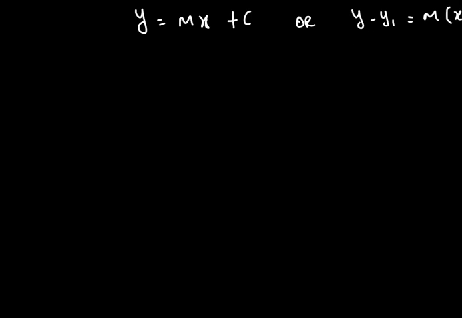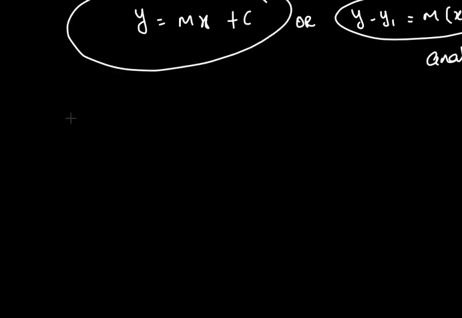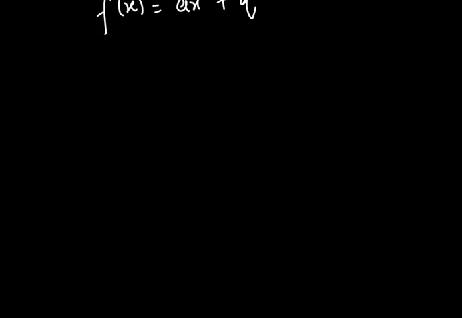Well, this is mostly in analytical, right? But for now in functions, we prefer to write f of x equals ax plus q. That is the general formula for a straight line. So how I personally prefer to do inverse functions is in quite a simple way.